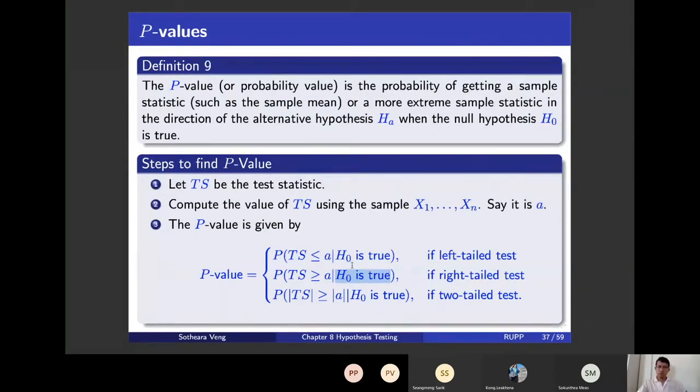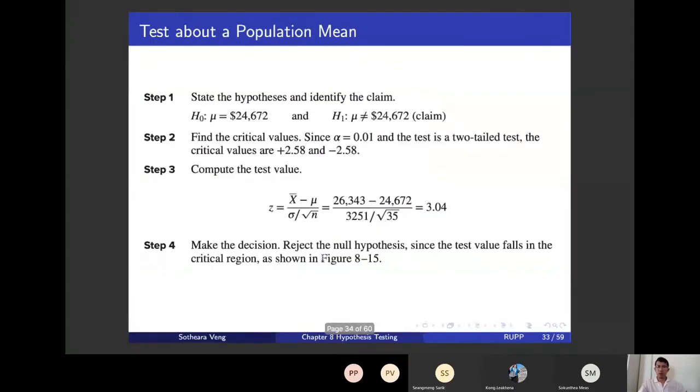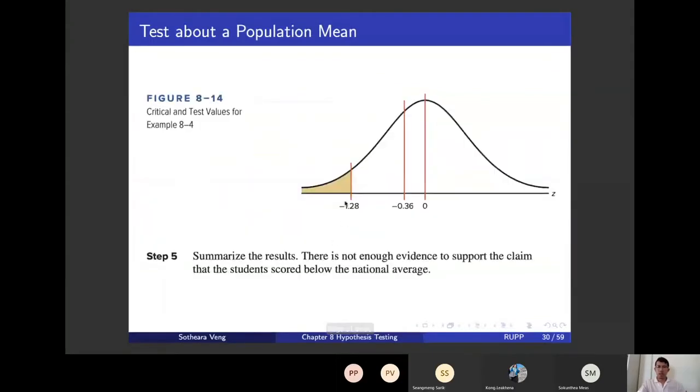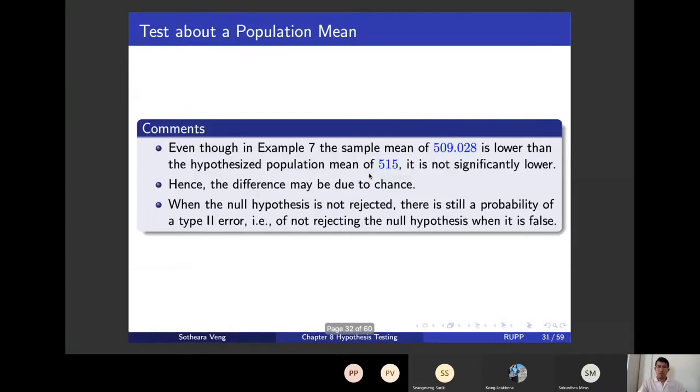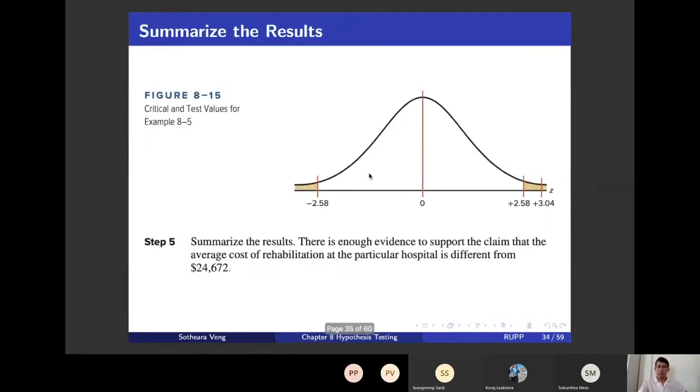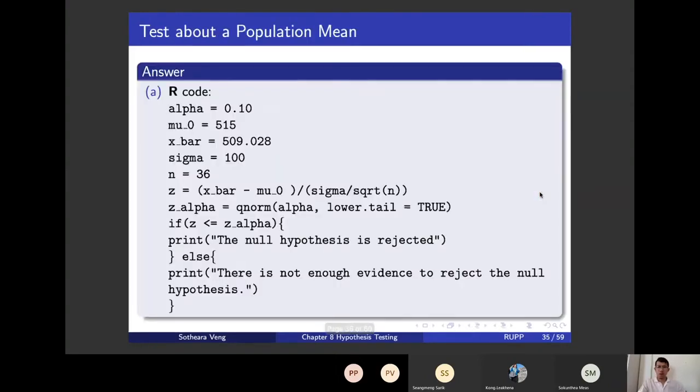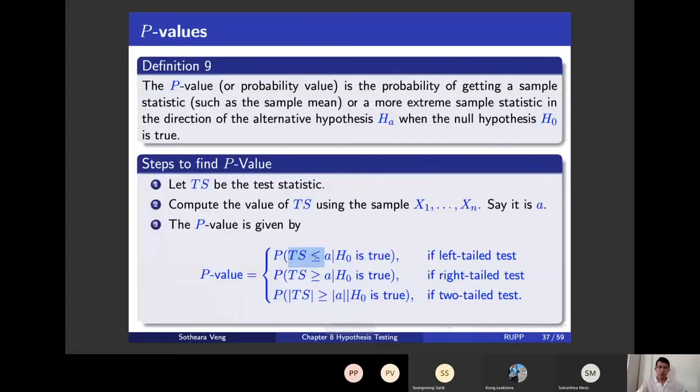For the left tail test, we define it in a corresponding way. Your p-value in this case is this area. And for the two tail test, you have to define the p-value in a different way.